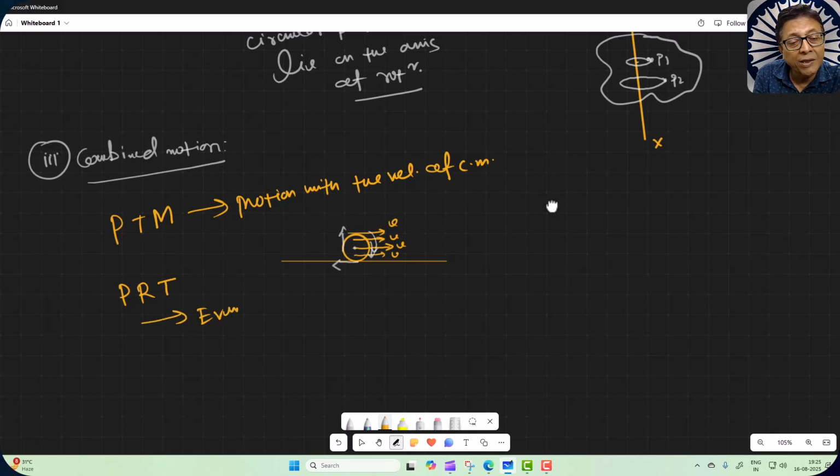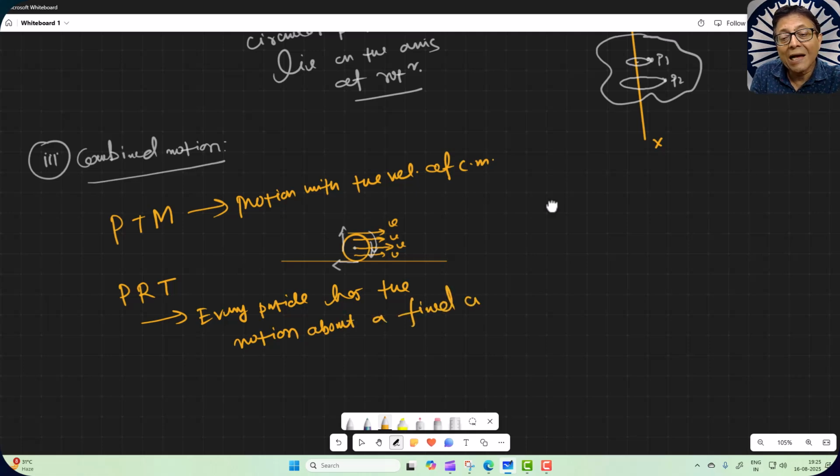Every particle has the motion about a fixed axis or a point.